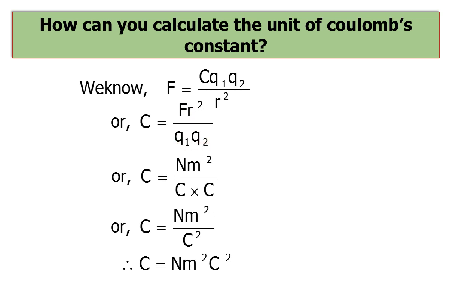Putting the unit of force, distance and charge, we can write here C equals N m square divided by C into C. Here the unit of charge is Coulomb and the unit of the second charge is also Coulomb. So multiplying C and C, we can write here C equal to N m square divided by C square. And finally we can write the unit of Coulomb constant is C equal to N m square C inverse 2.